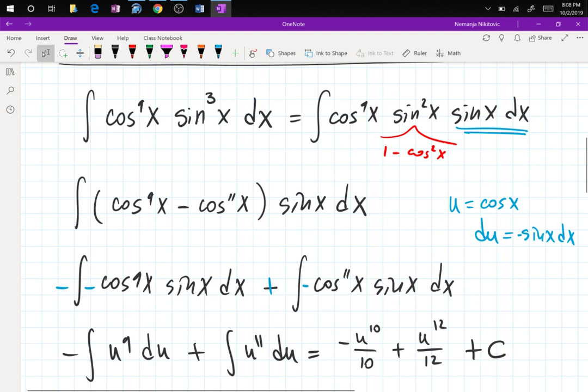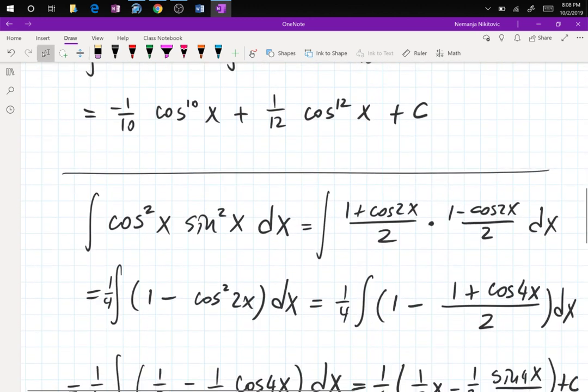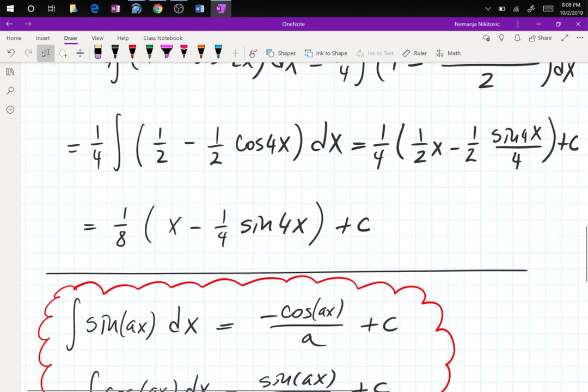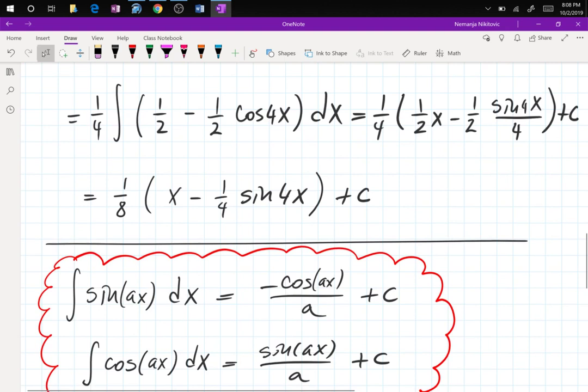You can have even and odd as long as one is odd. That's the one where you peel, because once you peeled off one, the rest will be even, and you can use the Pythagorean identity to transfer all the other ones to the other trig function. The evil one is when you have two evens. That's the bad one, right?